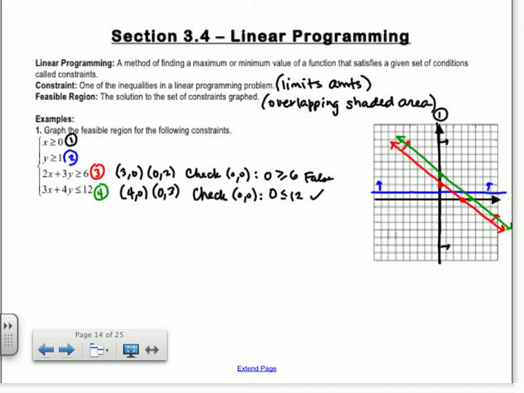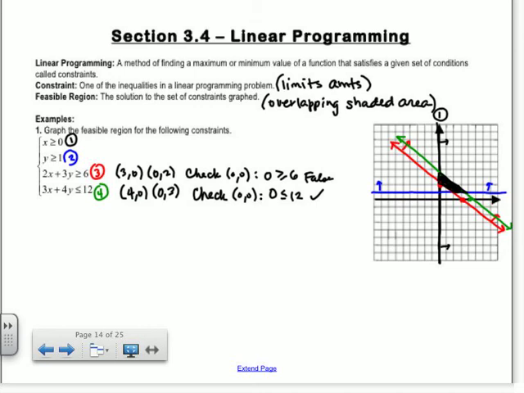So that means I shade towards 0, 0. Do you guys see the final shaded area? It's tiny. It's like a trapezoid shape. It's right there.